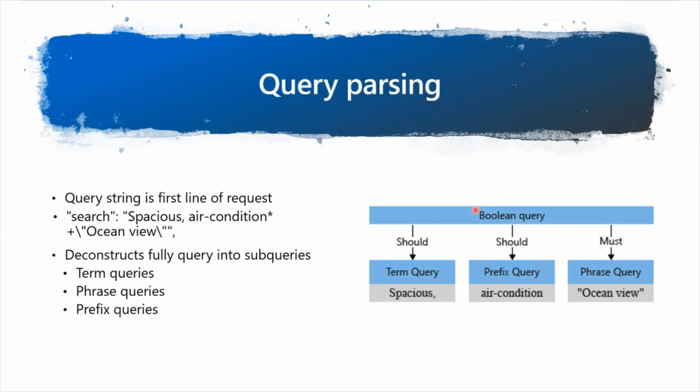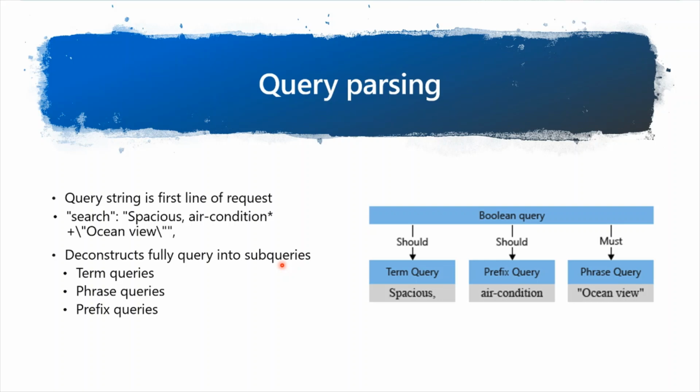Query parsing. You have three kinds of queries: term query, phrase query, and prefix query. Term query is like spacious, as you see here. Prefix query is like air condition. Phrase query is like ocean view.